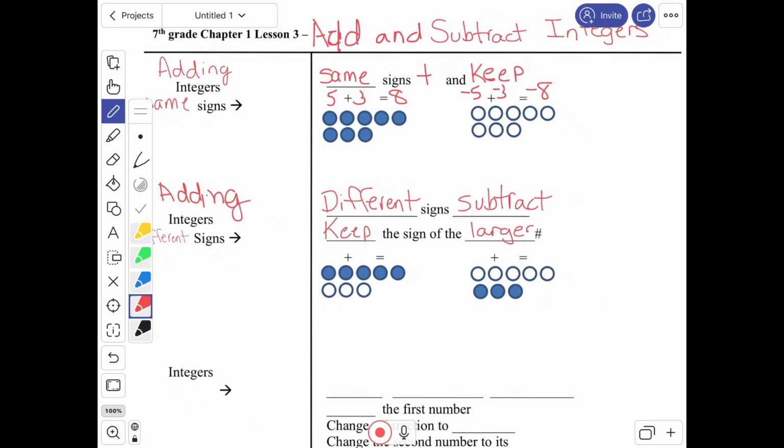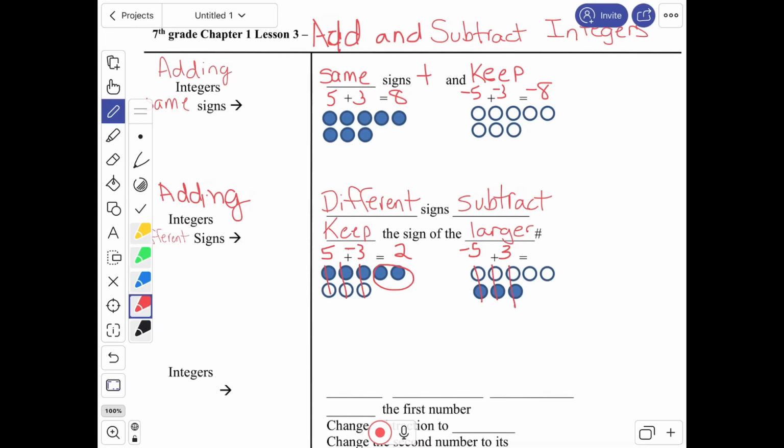And it's not really the larger number, it's the number that's farther from 0. So keep the sign of the larger is what we say. For example, the top row is a positive 5 and the bottom row is negative 3. It's kind of like those cancel and what's left over is 2 positives. So what we did was subtract 5 minus 3, and we get 2, and we took the sign of the larger, which was the positive.